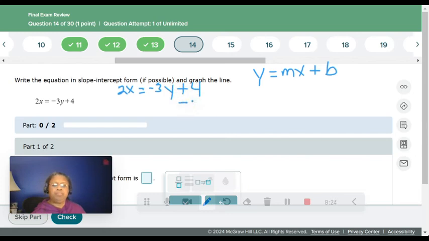So if I subtract 4 from both sides, then I could write this as negative 3y is equal to 2x minus 4. Okay, it's in this format, but this part looks wrong. So let's divide it by negative 3. Why?